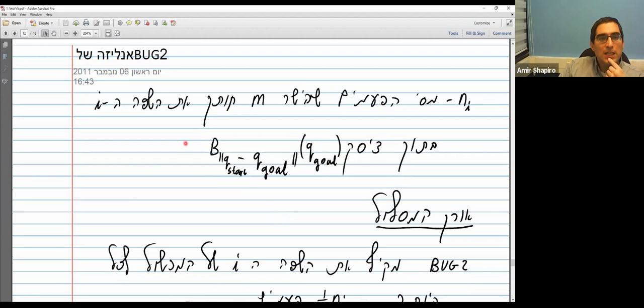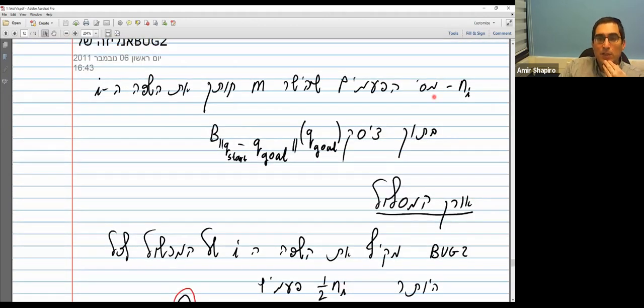So, a little analysis of the bug algorithm. I mark n_i as the number of times that the M line passes through the obstacle boundary i inside a disk, a ball, which is centered at Q goal, and its radius is the distance between start and goal.